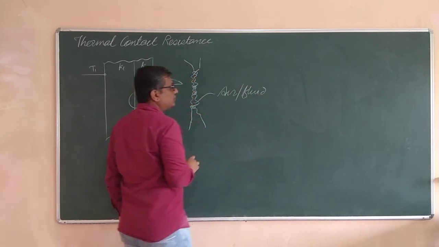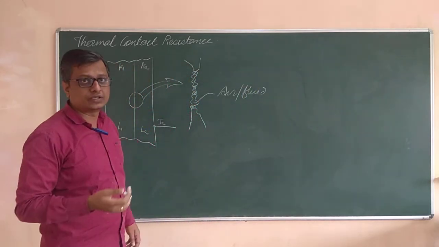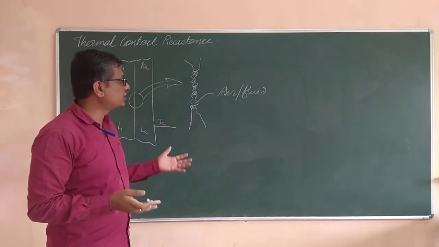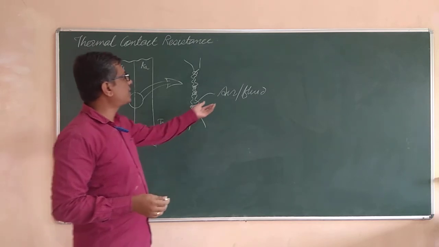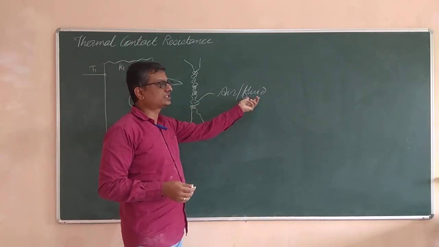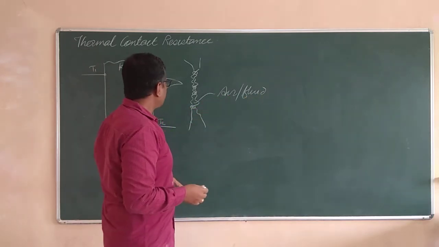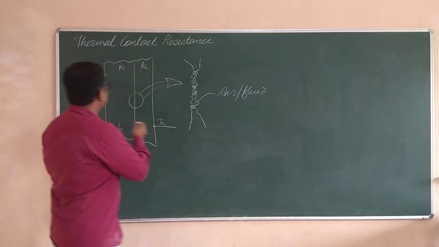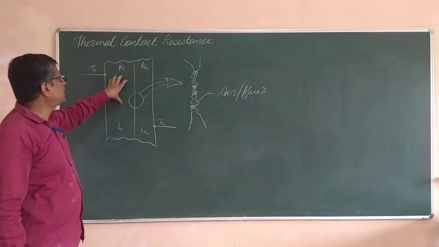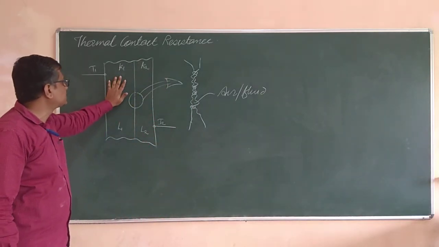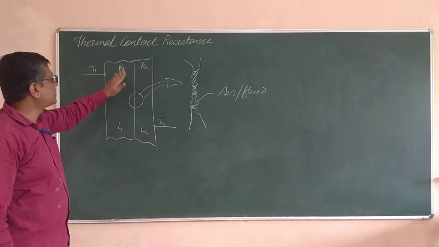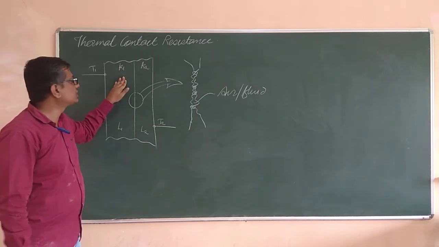The fluid may be a liquid, or probably a gas. If it is a solid material, most probably it will be air or some other gas. Now, if I talk about the thermal conductivity of this slab, this material may be maybe 100 watt per meter Kelvin.